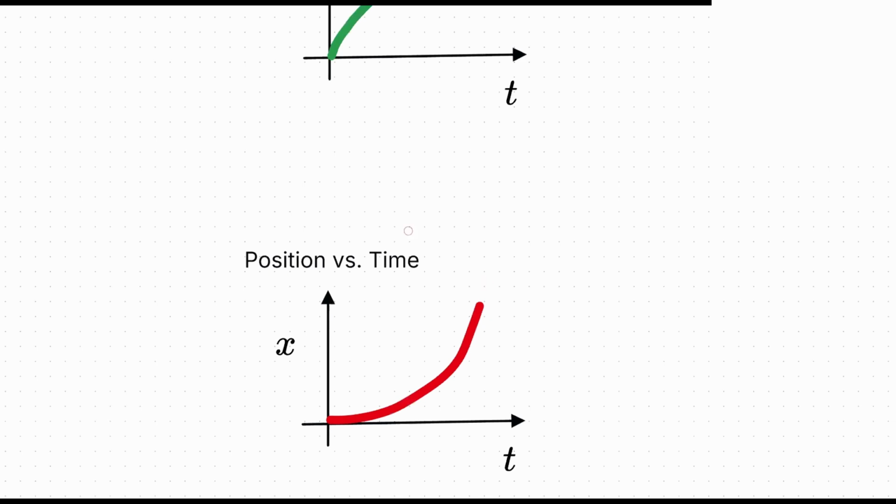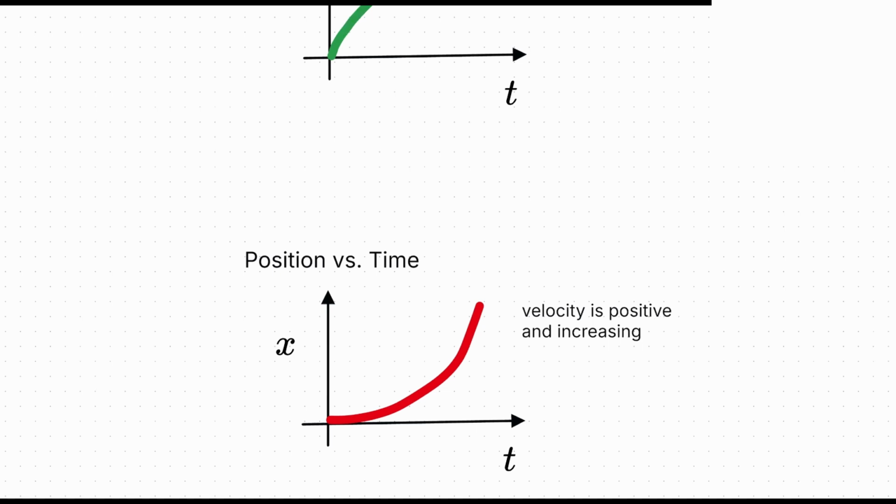As you go from left to right, your slope increases, which means velocity is increasing. But what can we say about the sign of the velocity? Drawing a tangent line there, the slope of this tangent line is positive. So we can say that velocity is positive and increasing.